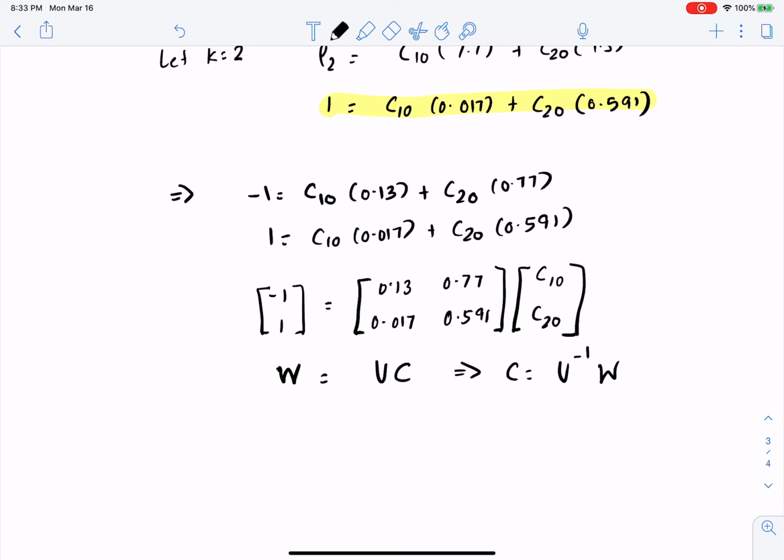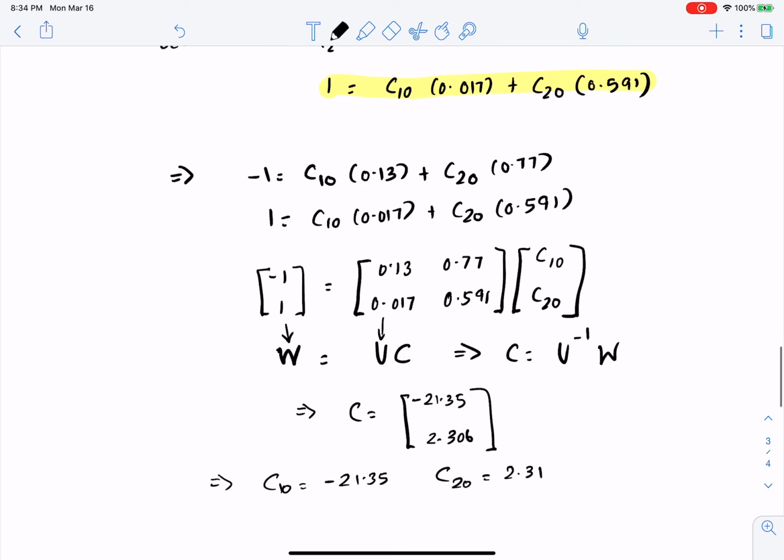If you use the inverse of the matrix U and the vector W, we will find the coefficients to be negative 21.35 and 2.306. So C10 is negative 21.35 and C20 is 2.31.